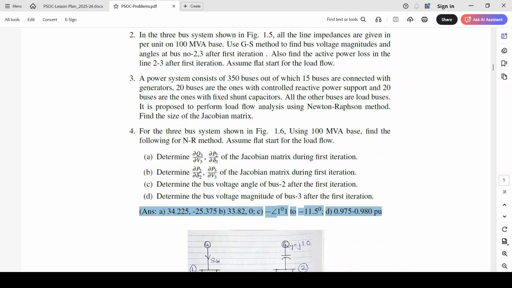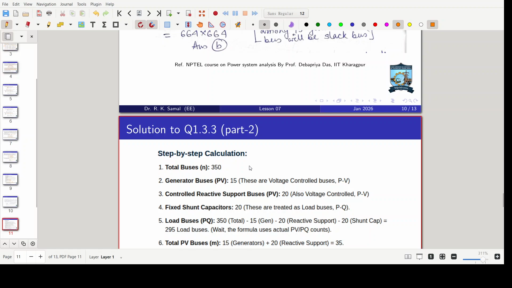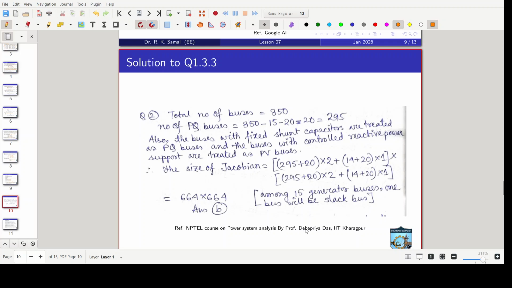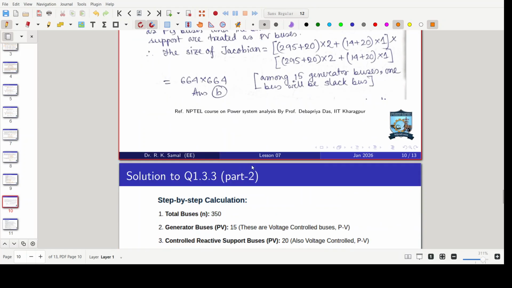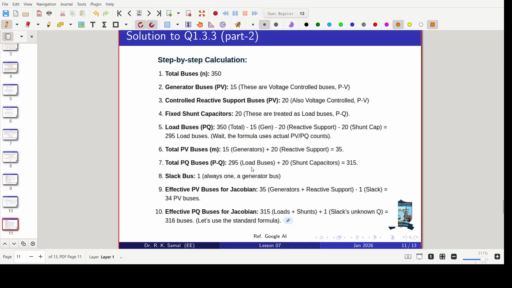I'll move to the PPT again. So this is the solution for that particular question. Go through it. 15 is the number of voltage control buses. Now for the same question, for which I have given you the solution by Professor Debapriya Das of IIT Kharagpur on the course power system analysis, I asked the same question to Google AI, and this is the answer that was given. The steps show how it is computed.